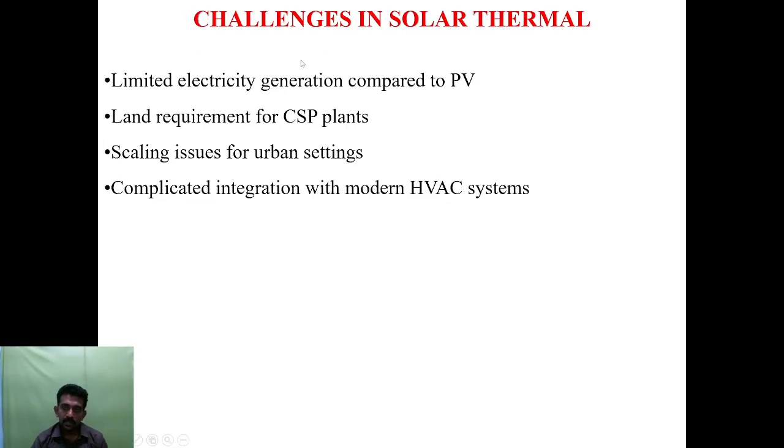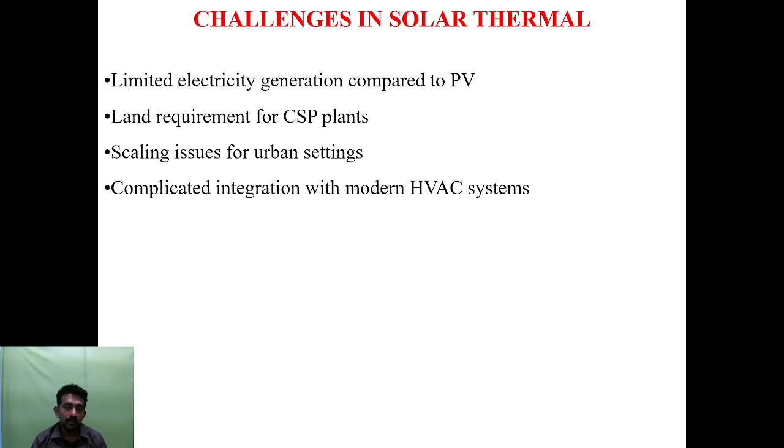And coming to the challenges in solar thermal, it has limited electricity generation compared to PV. So converting the radiation of the sun to heat energy has a very low efficiency, around 30 to 33%. After converting this 30 to 33%, then it has to be converted to electricity.